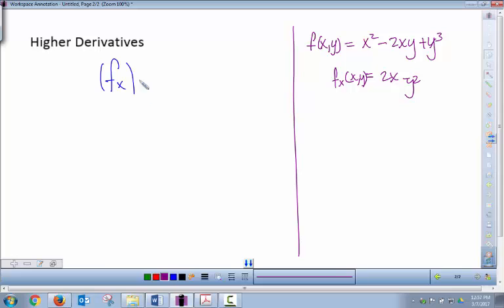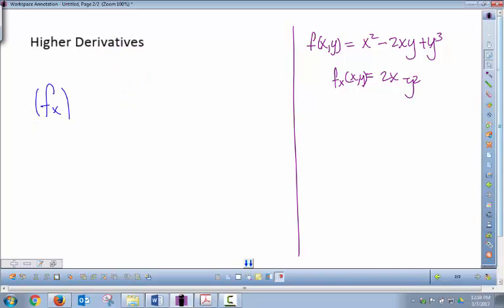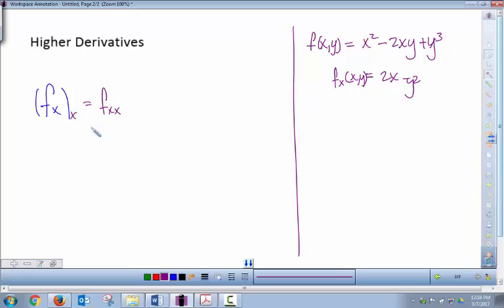One of our possible derivatives is to take the derivative of the derivative with respect to x again. So it's like taking the derivative of fx with respect to x. The notation for this is fxx, to say we're going to take the derivative with respect to x and then with respect to x again.